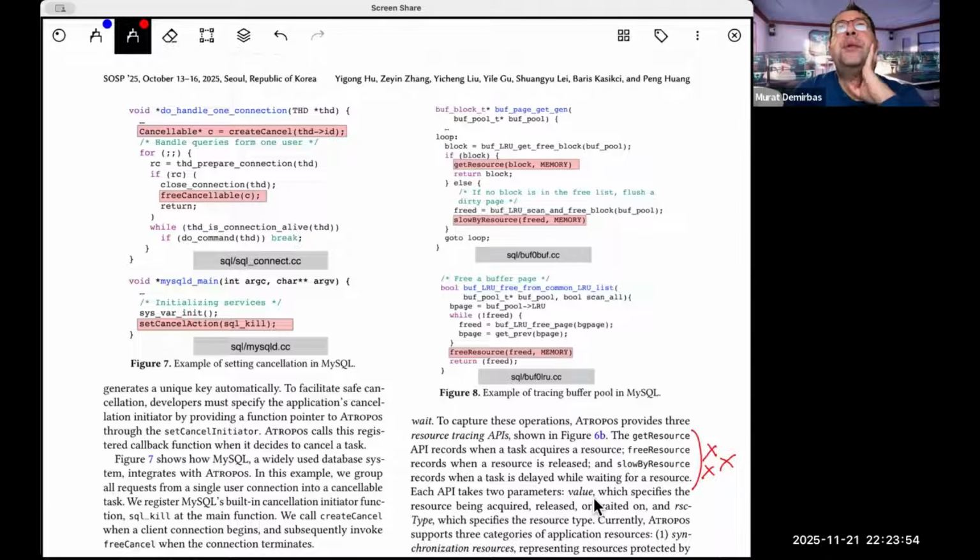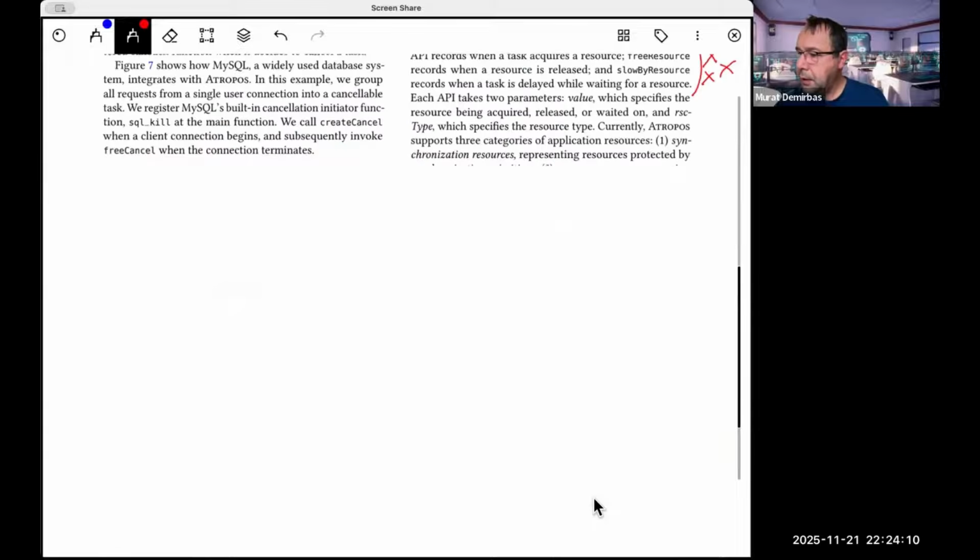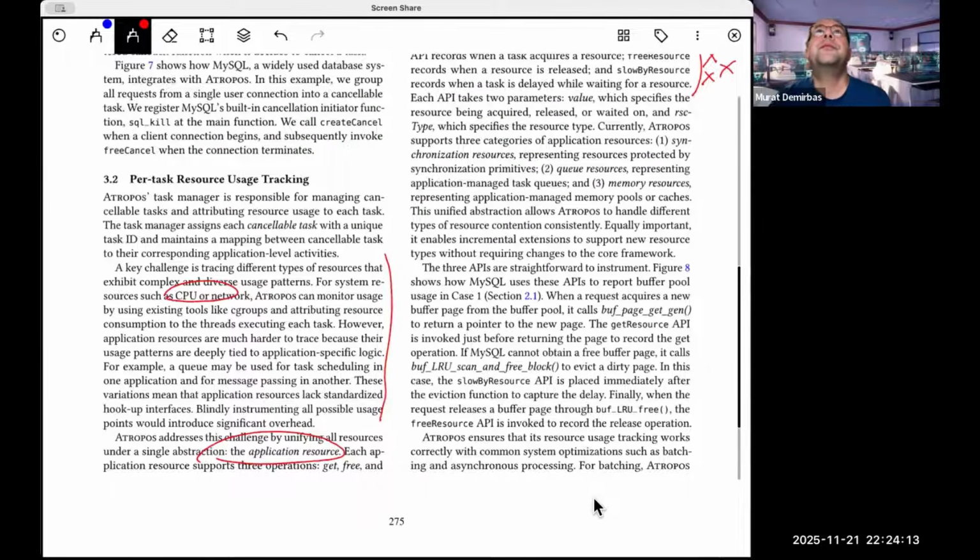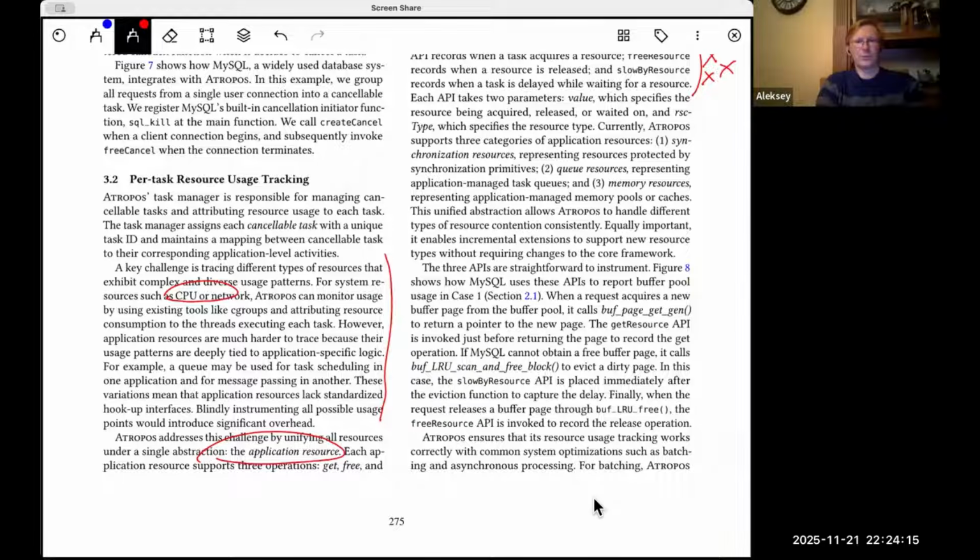Each API takes two parameters: value, which specifies the resource being acquired, released, or waited on, and resource type, which specifies the resource type. Okay, here is our answer. Currently, Atropos supports three categories of application resources. Synchronization resources represents resources protected by synchronization primitives.